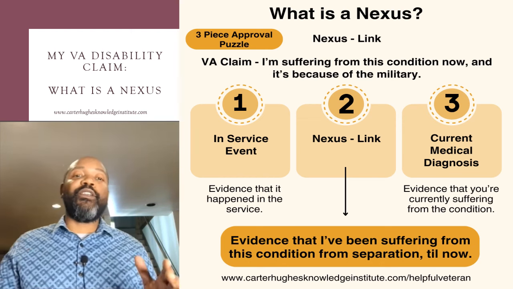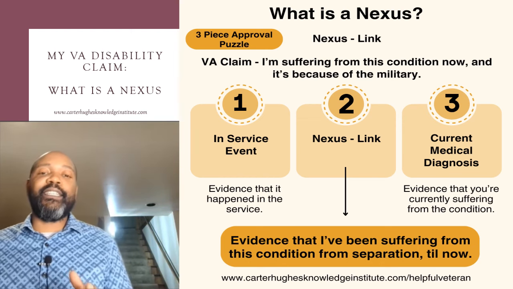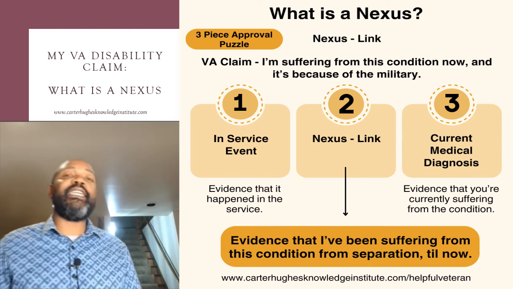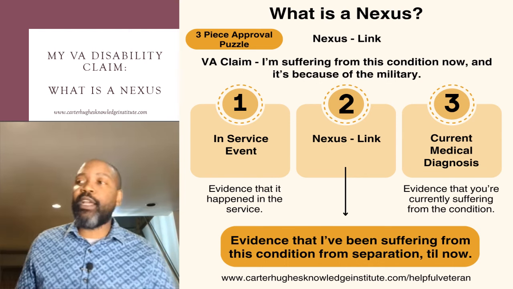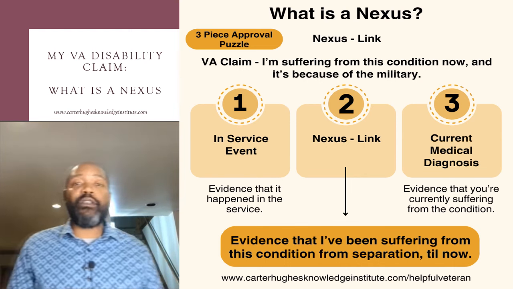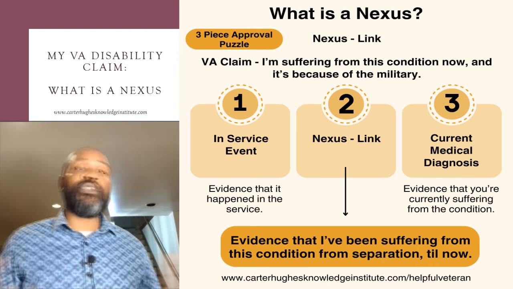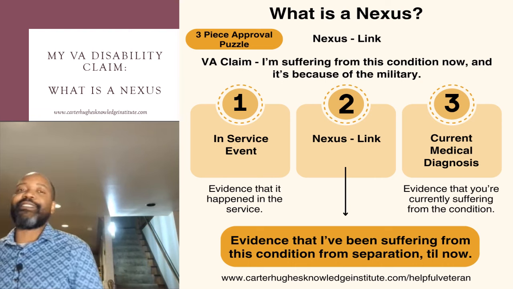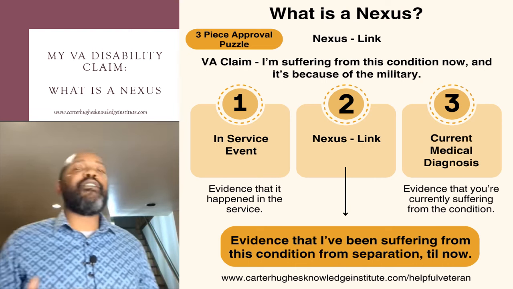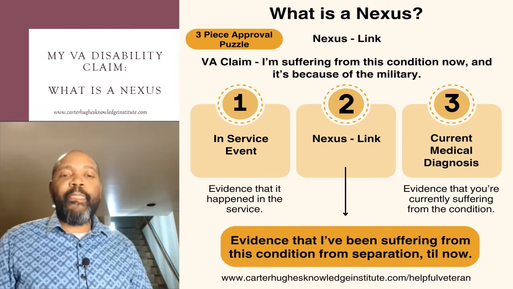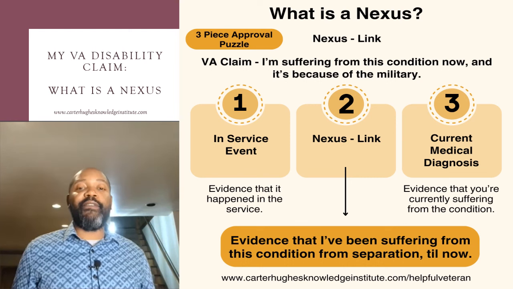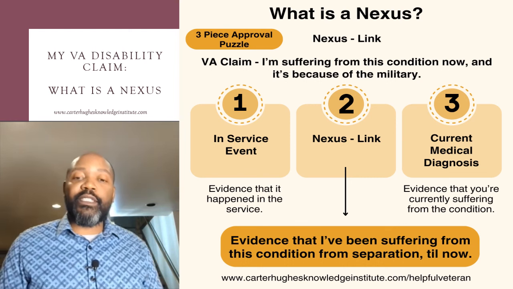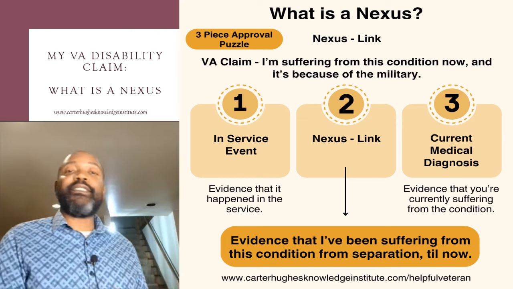The further you get from your separation date, the more likely you are to need a nexus. If you separate within a year, you don't need a nexus. They just presume it's caused by the military. If you separate within 5 years, they may not press you as much for the nexus.